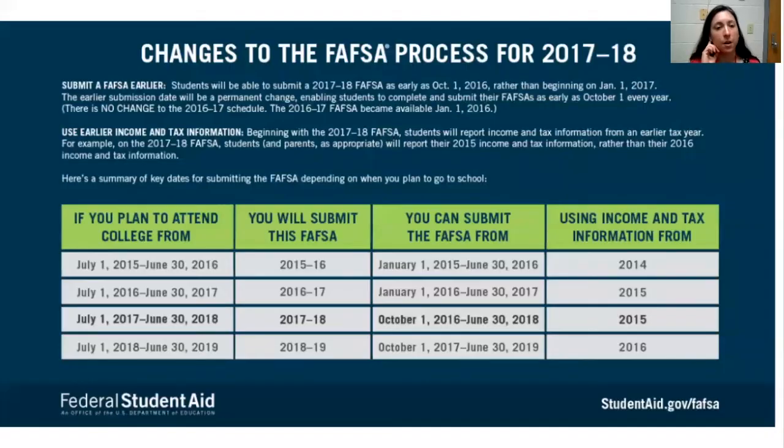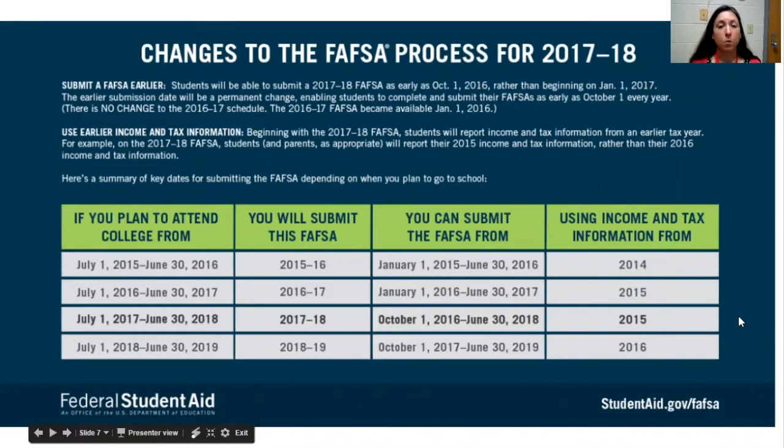So this is another graphical representation of what the changes are. The main thing is for that 2017-18 school year, you can submit your FAFSA anytime between October 1st and June 30th, and you use your 2015 income taxes.